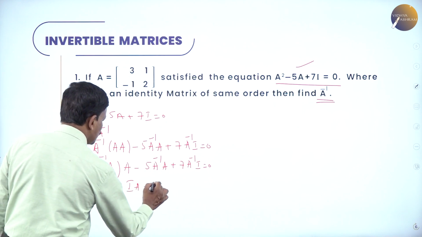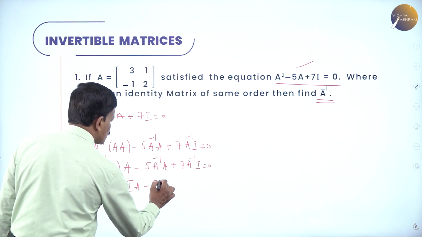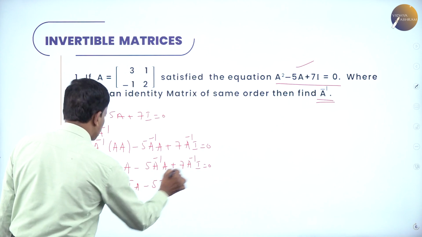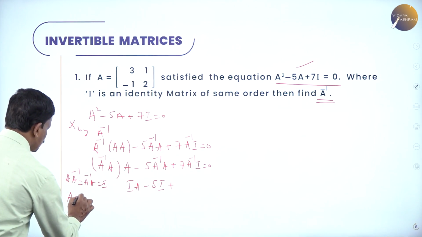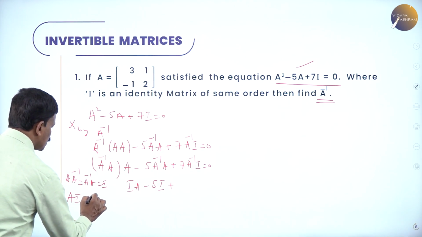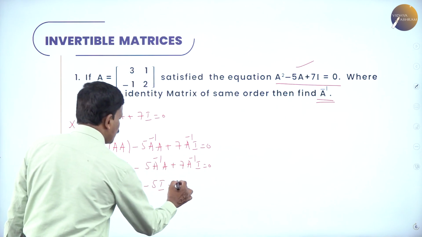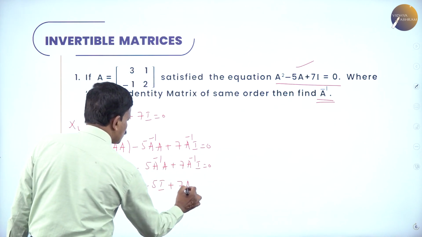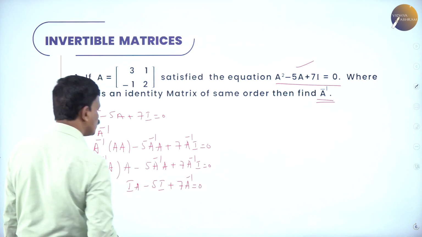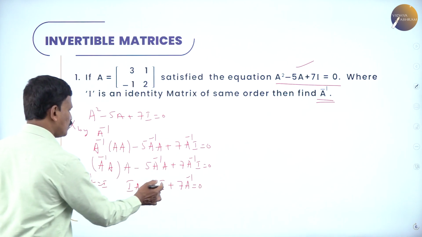So this is I into A, minus 5 I, plus, again as we have studied, any matrix into the identity matrix is equal to the same matrix, so 7 times A inverse I is equal to 7 A inverse. This is equal to 0. Now our intention is to determine the value of A inverse.